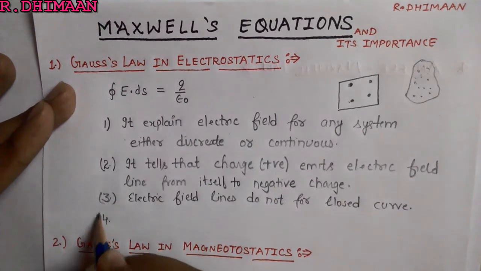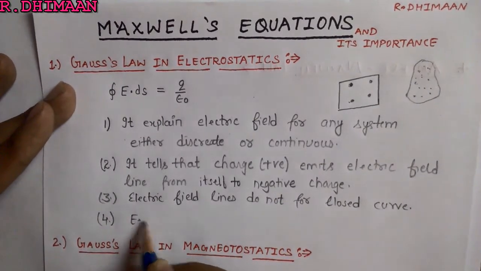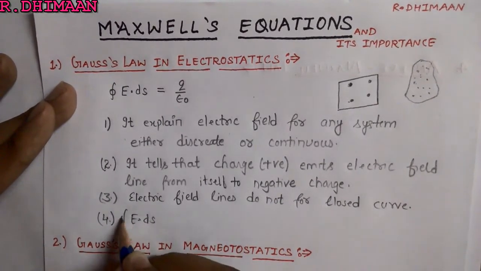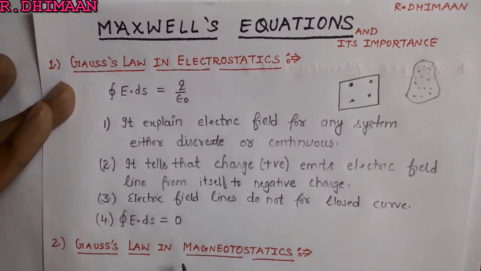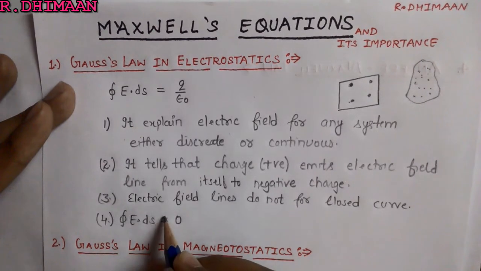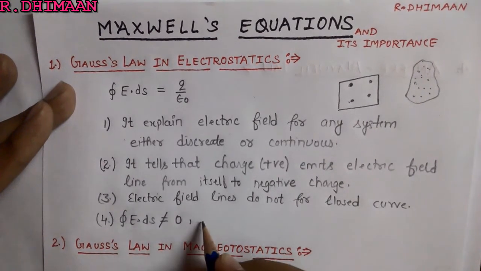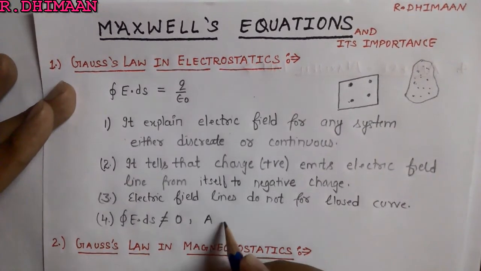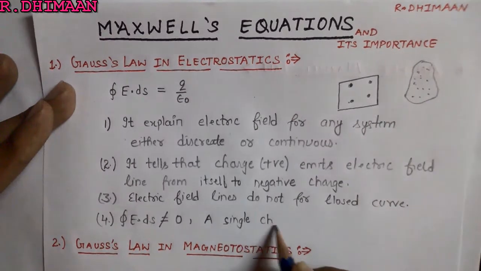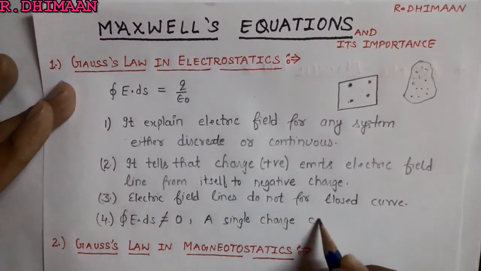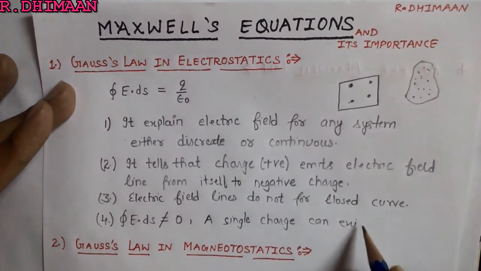And if this equation is written like this, it means a single charge cannot exist. But this is not equal to 0, so we can say that a single charge can exist.